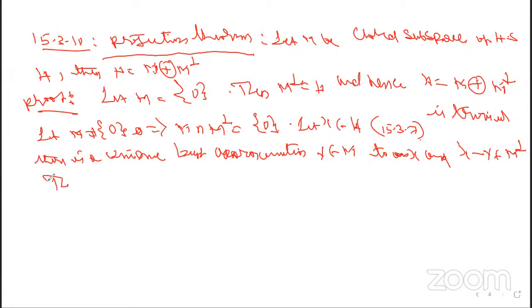Thus, x minus y belongs to M perpendicular, thus x equal to y plus x minus y belongs to M plus M perpendicular.